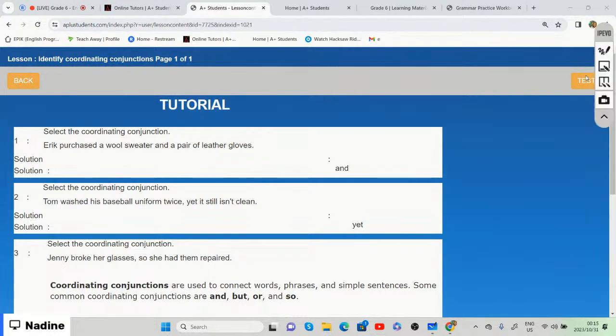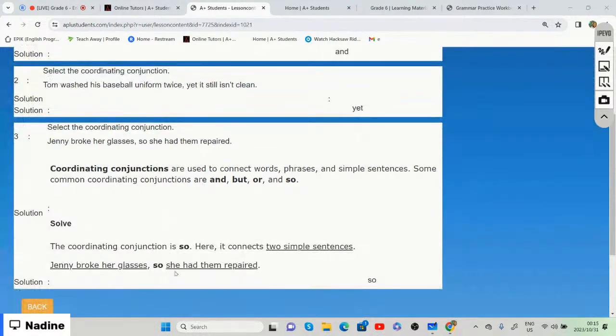All right. Jenny broke her glasses, so she had them repaired. In this case, it is connecting simple sentences.